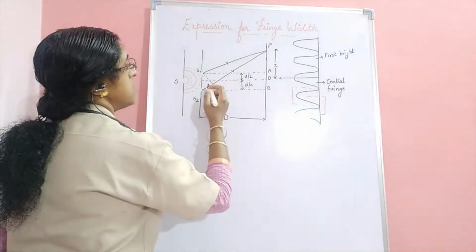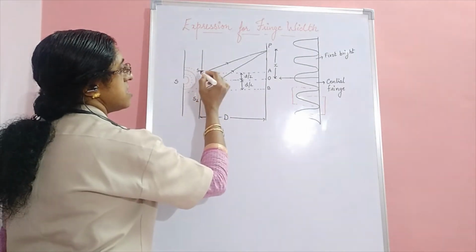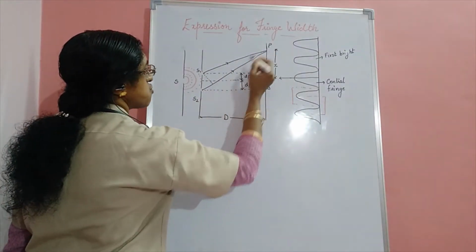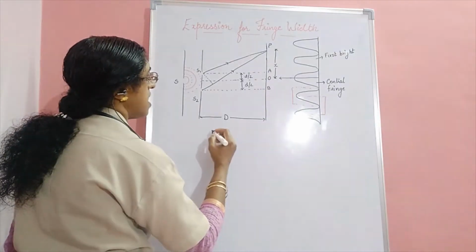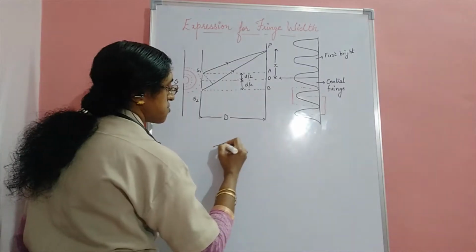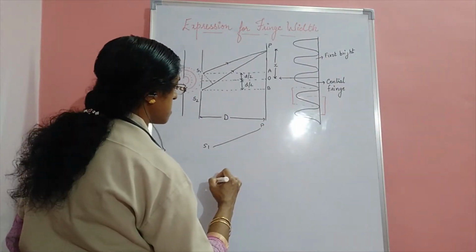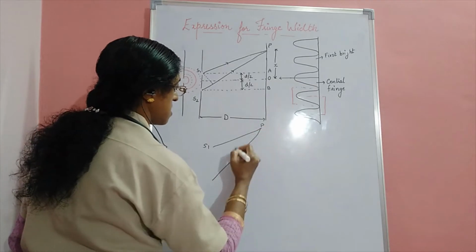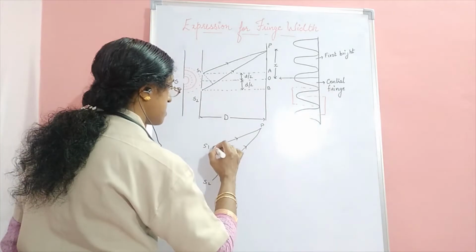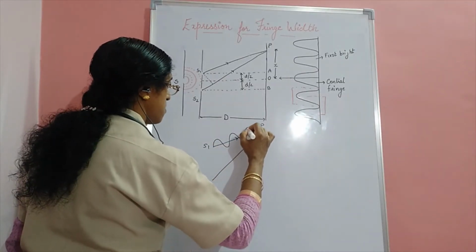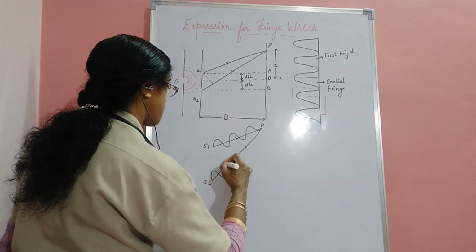I'll take up the path difference between the two waves. Now see children, here S1P and S2P are the waves which are reaching the point P. This is S1P and this is S2P. Suppose this is a wave reaching this point.